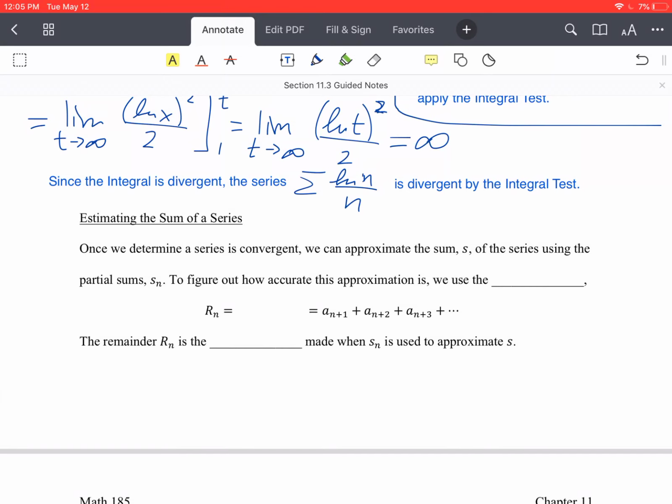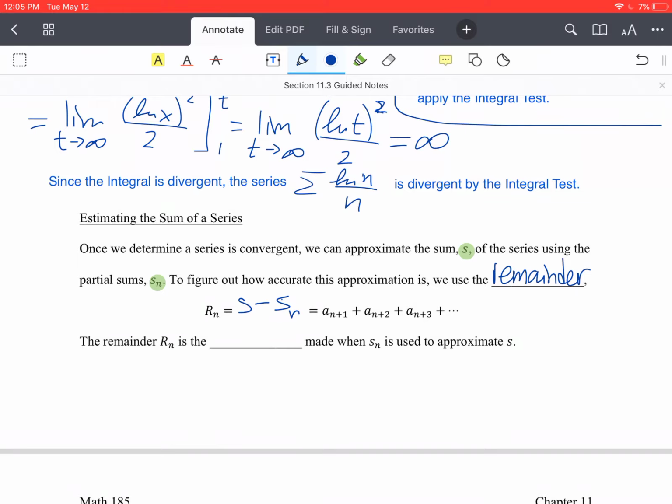So once we determine a series is convergent, we can approximate the sum S of the series using the partial sums S sub n. To figure out how accurate this approximation is, we use the remainder. This is denoted R sub n, so big R sub n. So this is S minus S sub n.